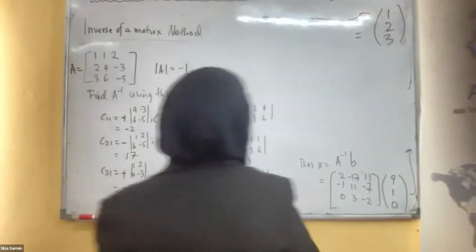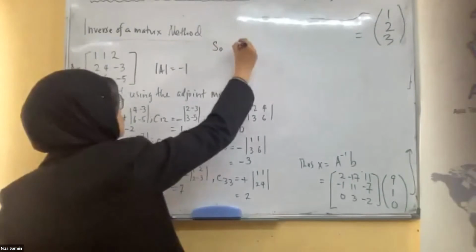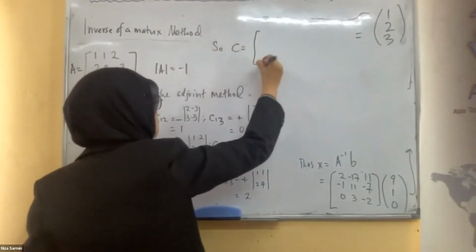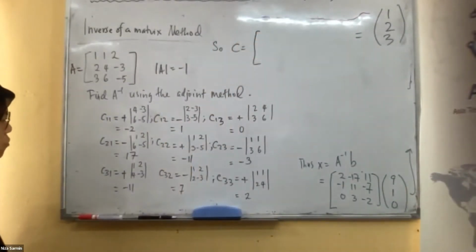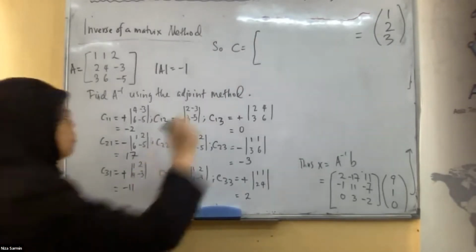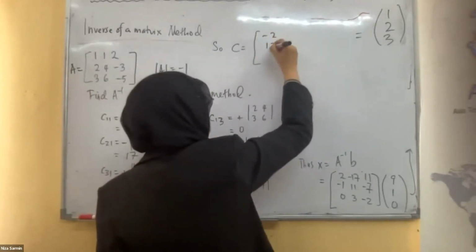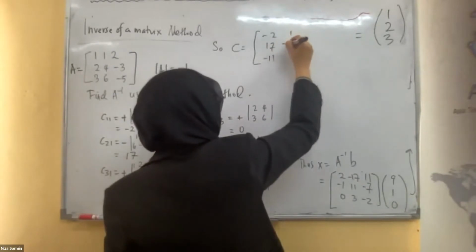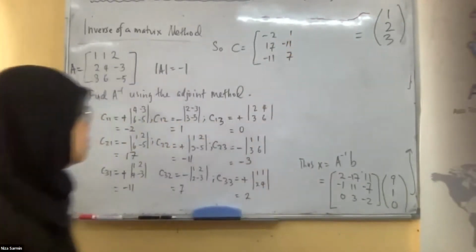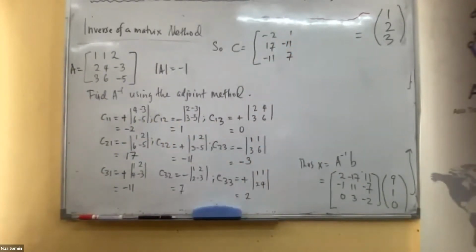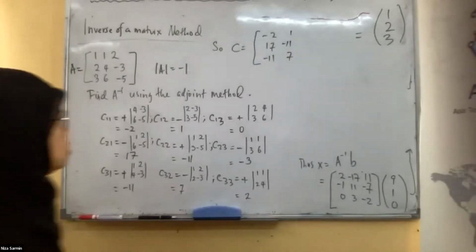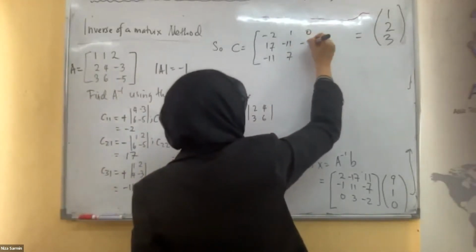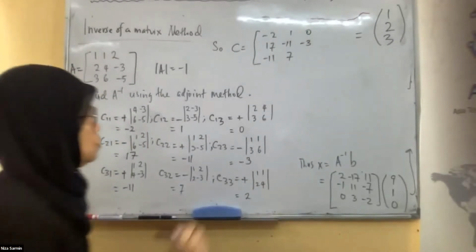Okay, so C equals -2, 17, -11. Oops. 1, -11, 7. 0, -3, 2.